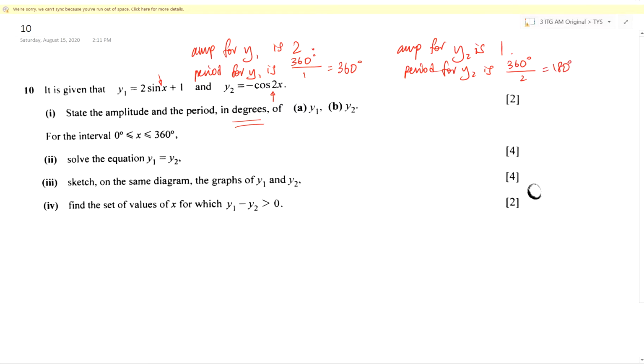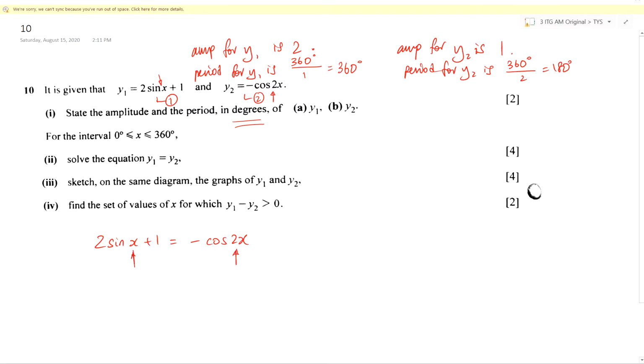Now next, for the interval, solve the equation y1 equals to y2. So we're going to set them to be equal to each other. Substituting equation number 1 and equation number 2, we end up with 2 sine x plus 1 is the same as negative cosine 2x. So we see that here we have an angle of 2x, whereas this is an angle of x.